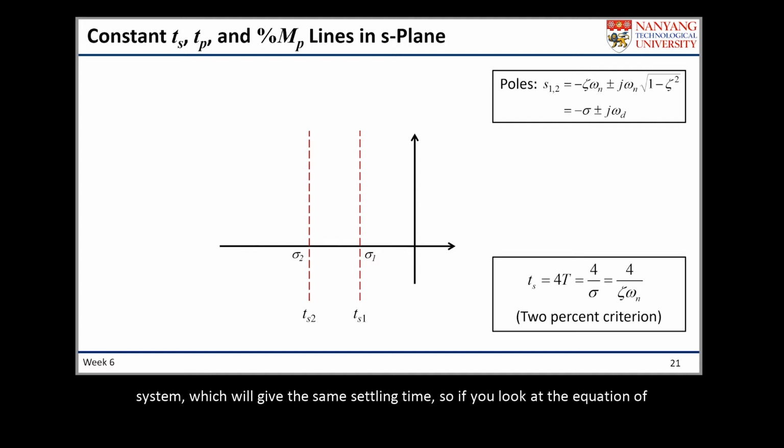If you look at the equation of the settling time, if we take the 2% criterion, your settling time is equal to 4 divided by zeta omega n. It's inverse to zeta omega n. Now let's take a look at the poles expression.